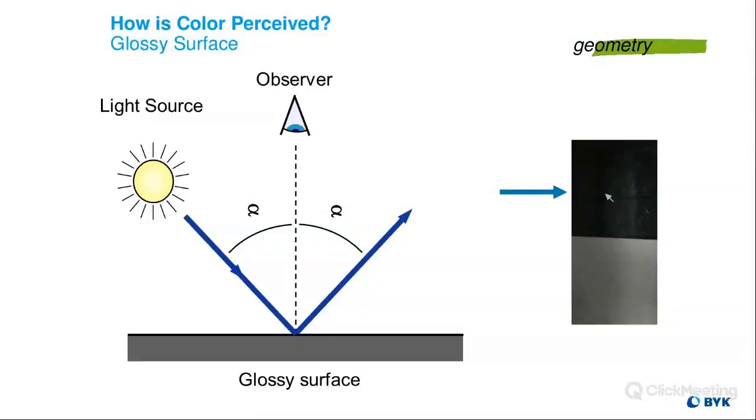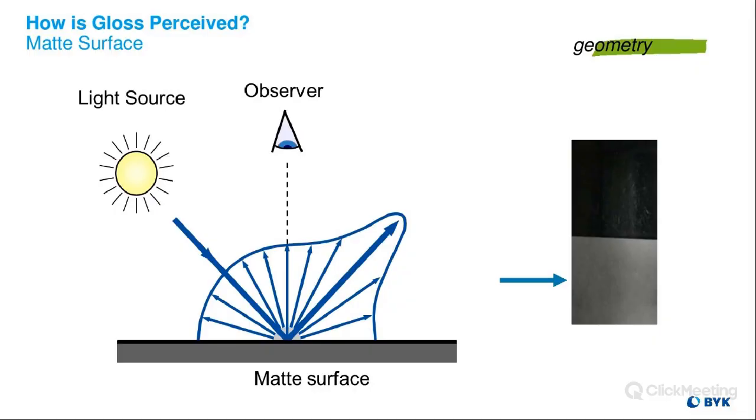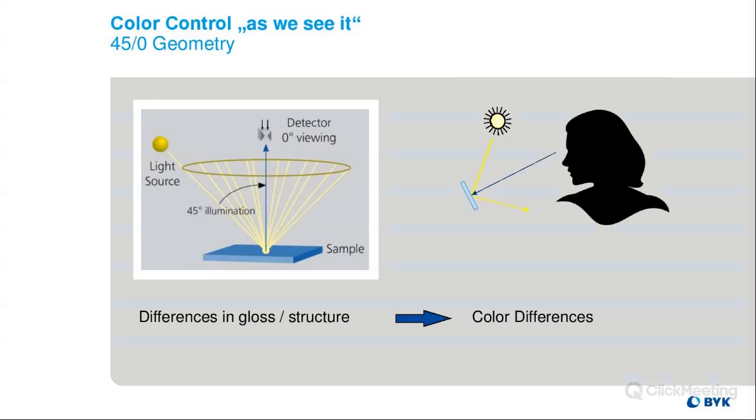And that's why the glossy part of this surface looks darker to us, because less of that reflected light is bouncing into our eye when we're observing the color at this diffuse angle. And then for the matte surface, we have more diffuse reflection than on the glossy side, and that's why we see that side as being lighter, because we're getting more of that light reflected into our eye.